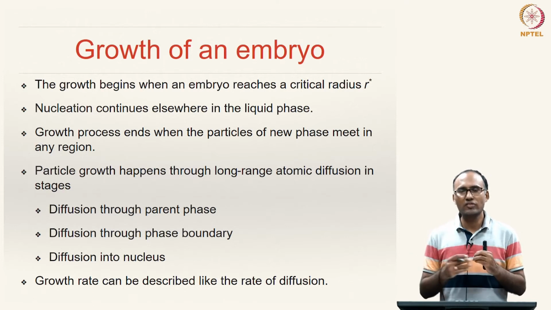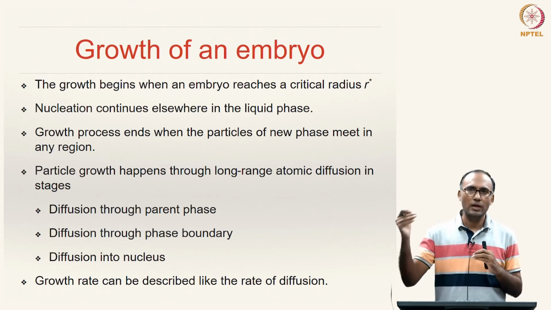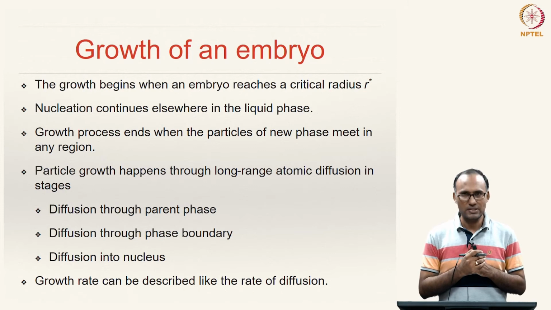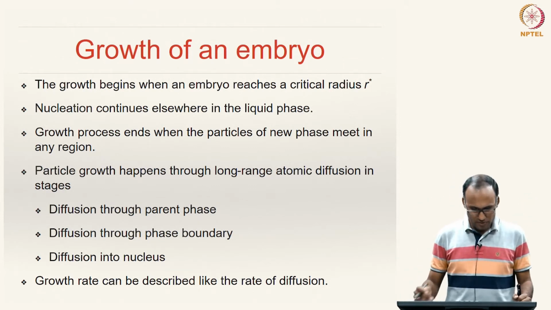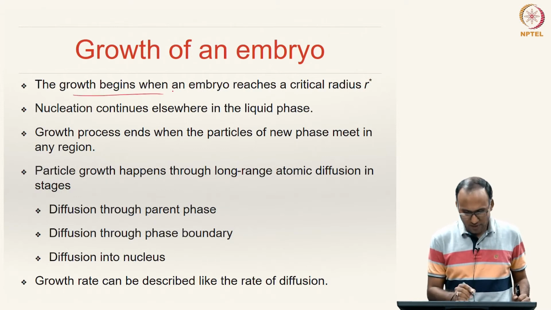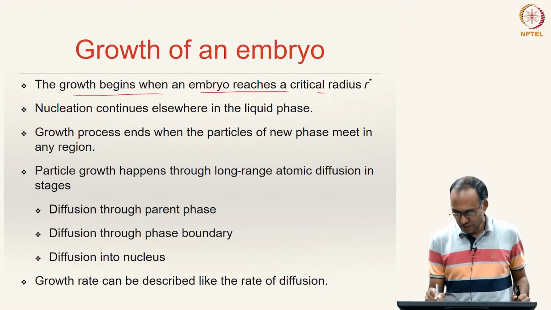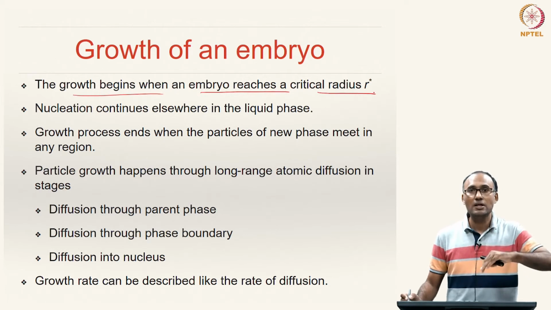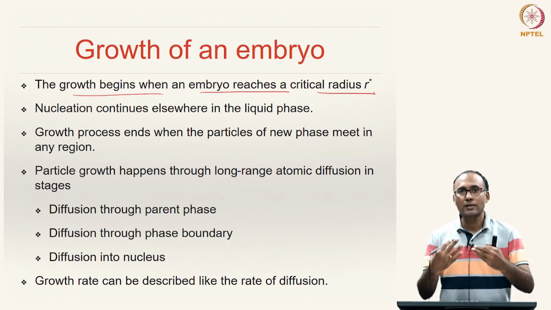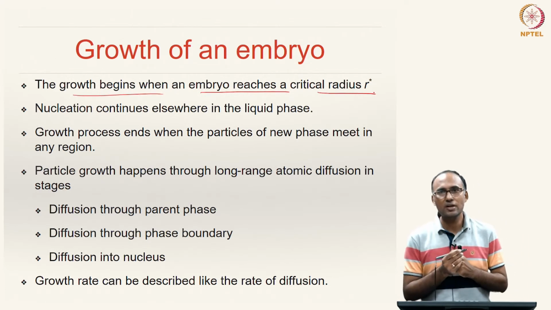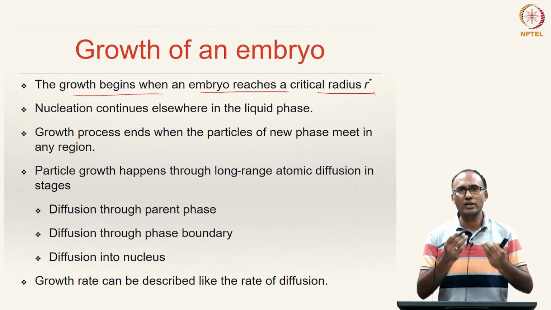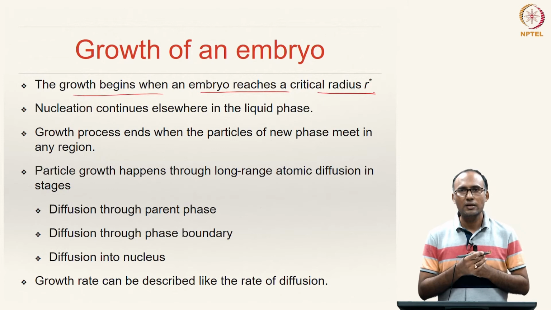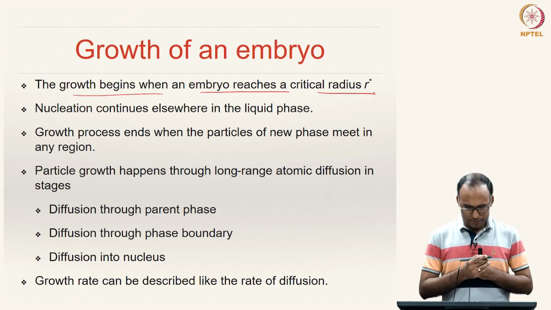That means more and more liquid has to come through diffusion and join the solid phase in order to increase the size of the solid phase. So, as we have discussed, the growth begins when the embryo reaches a critical radius r star. Below that radius it again dissolves, but only when the embryo reaches this radius r star is it called a nucleus, and it is ready for growth.